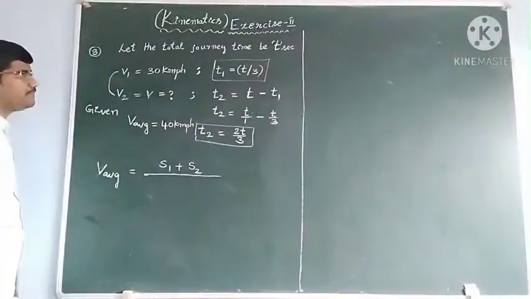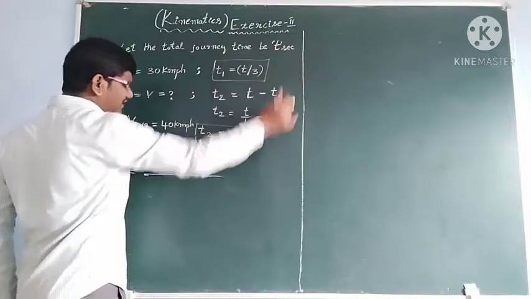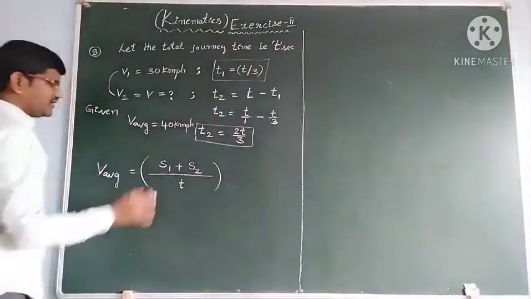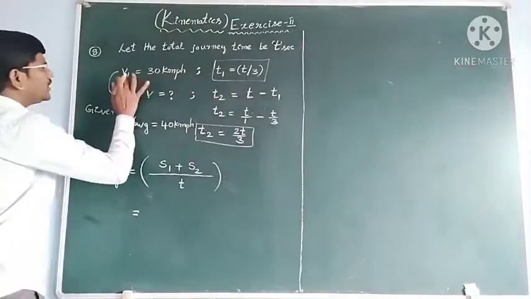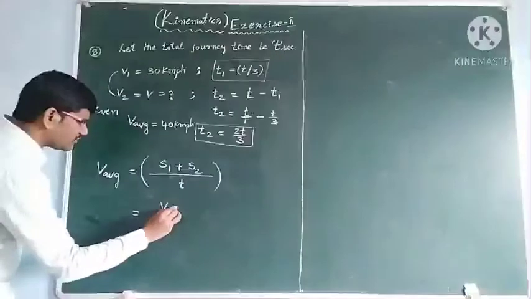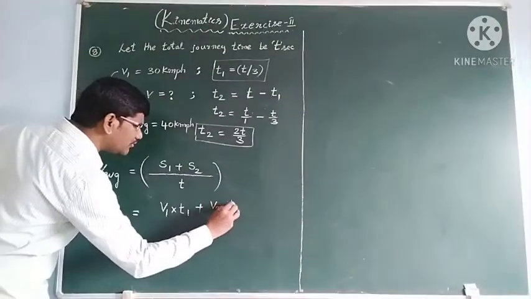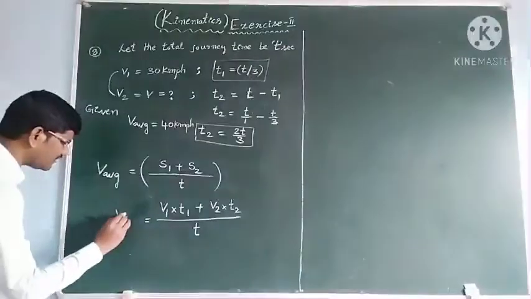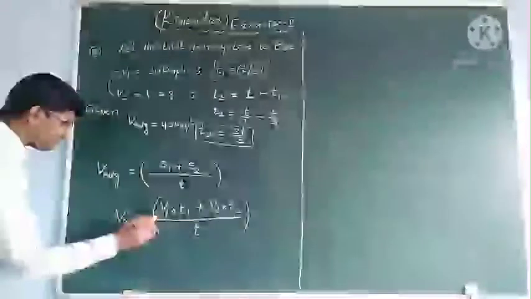Total time we have already taken as T. So directly, without prolonging, I am writing S1 is equal to V1 into T1, plus S2 is V2 into T2, by the total time T. So that is called V average.